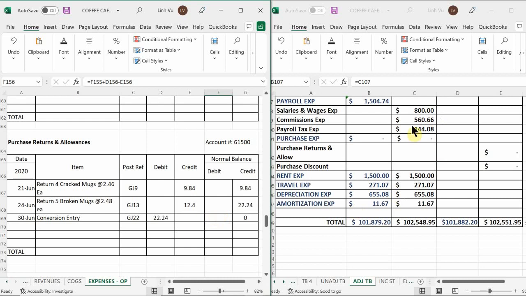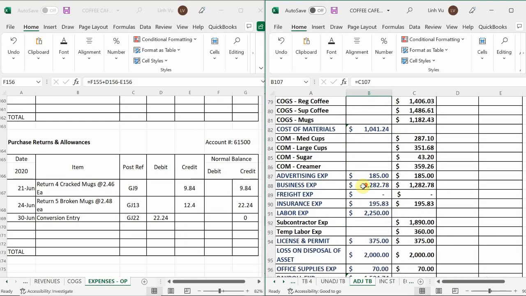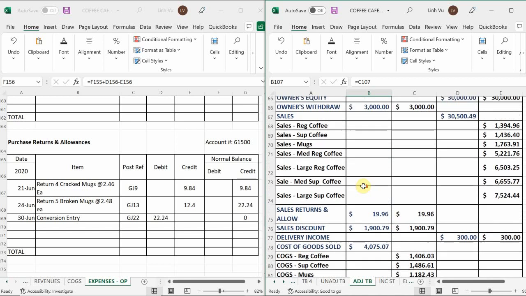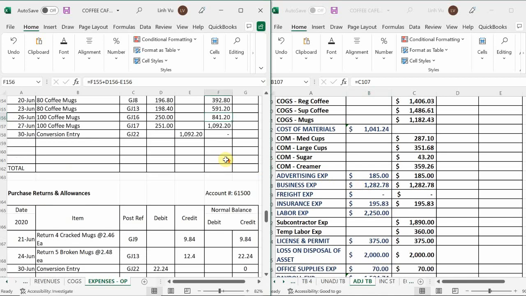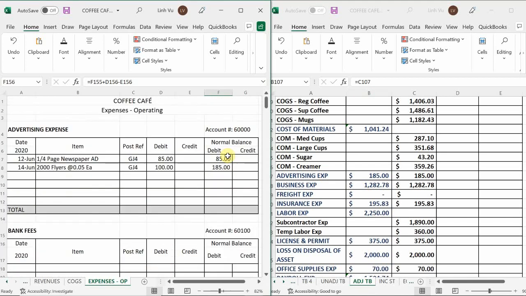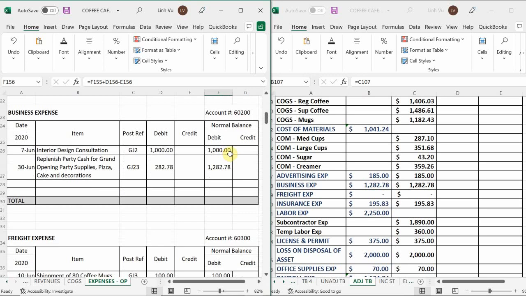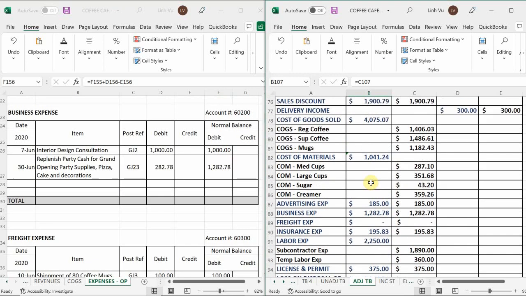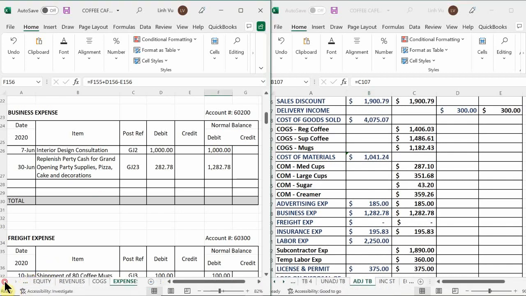Okay. Did I make a typo over here since we didn't mess with anything? Cost of goods sold.